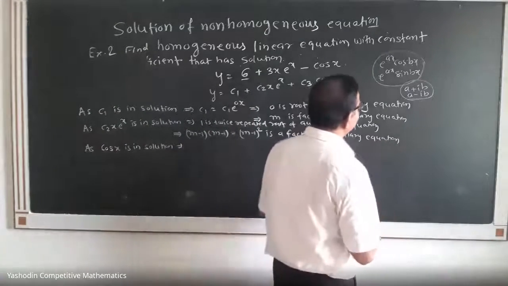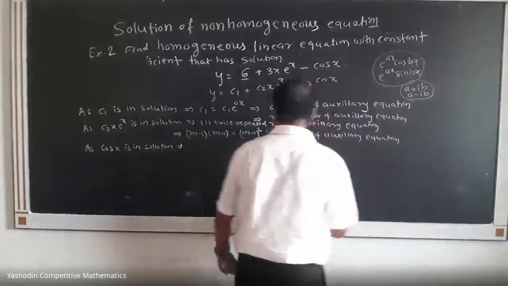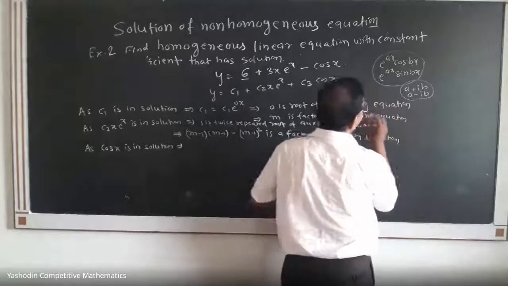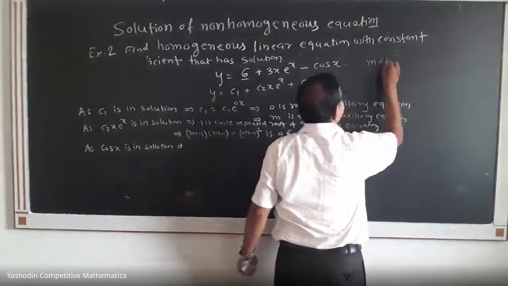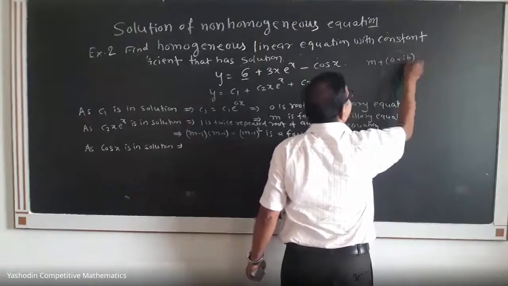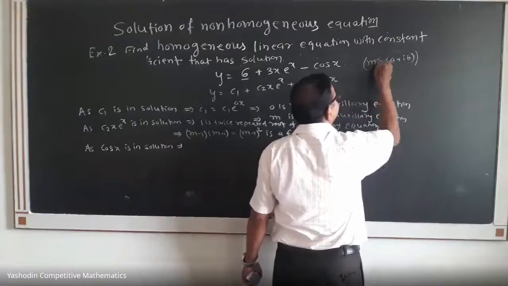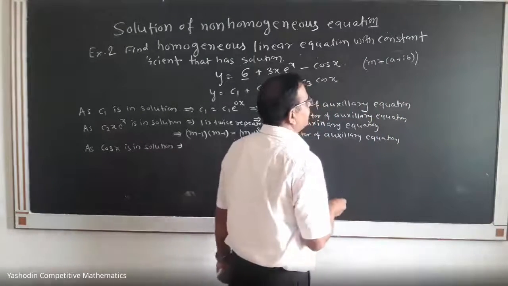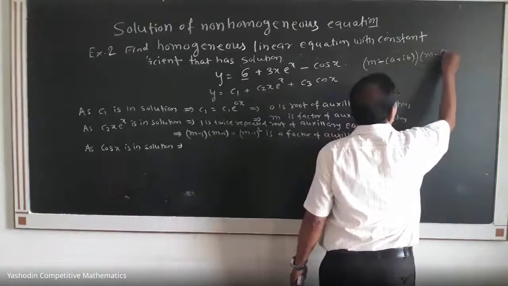And hence, we can write that m minus (a plus ib) is the first factor, and the second factor is m minus (a minus ib).